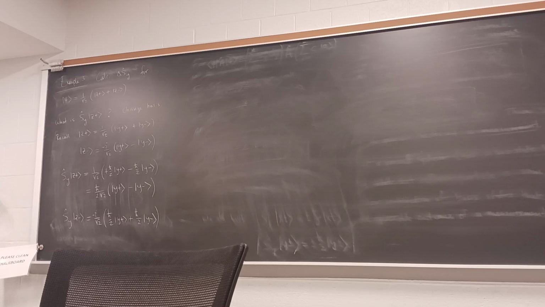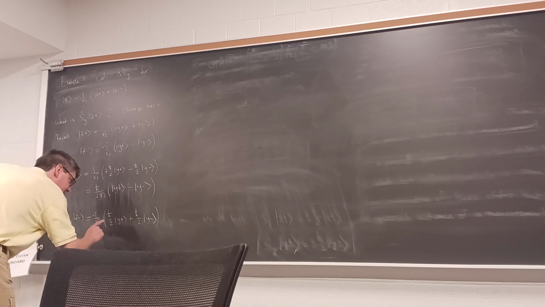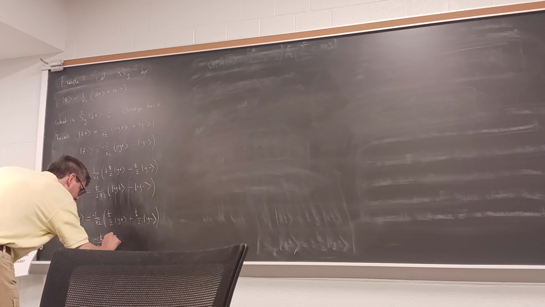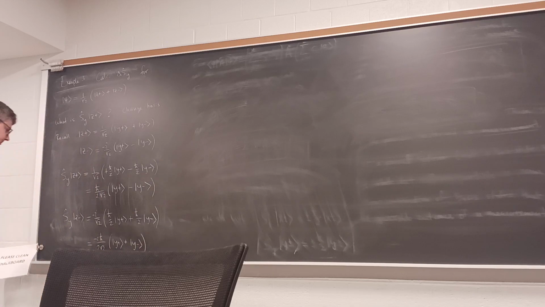Okay. All right, let's go ahead and finish this calculation. So this is minus I h bar over 2 root 2, Y plus, Y minus.